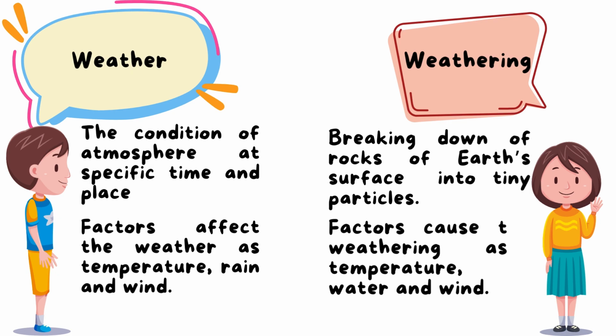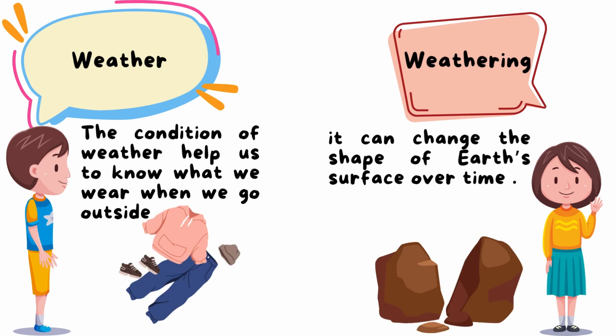We know the effect of water and wind in breaking down rocks, and we will study the effect of temperature, okay? Also, the condition of the weather helps us know what we will wear when we go outside, okay? And weathering can change the shape of Earth's surface over time, as we studied, okay?